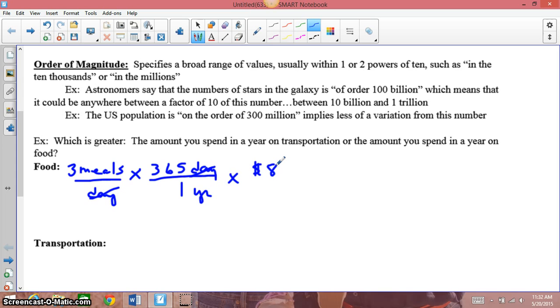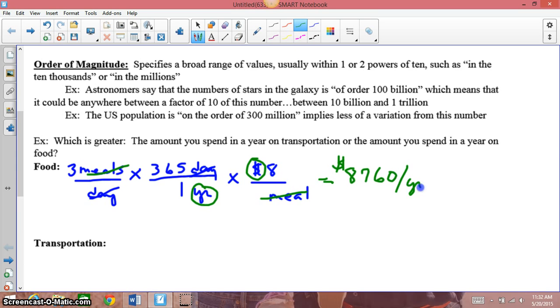Some of you might say, hey, that's high. Some of you might say that's not high enough. So I'm going to shoot for $8 for every meal. That way, you can see what has started to cancel out. I have now gotten rid of my meals, and I'm left with money per year. If I multiply straight across, as you've seen me do numerous times now, $8,760 per year on food.